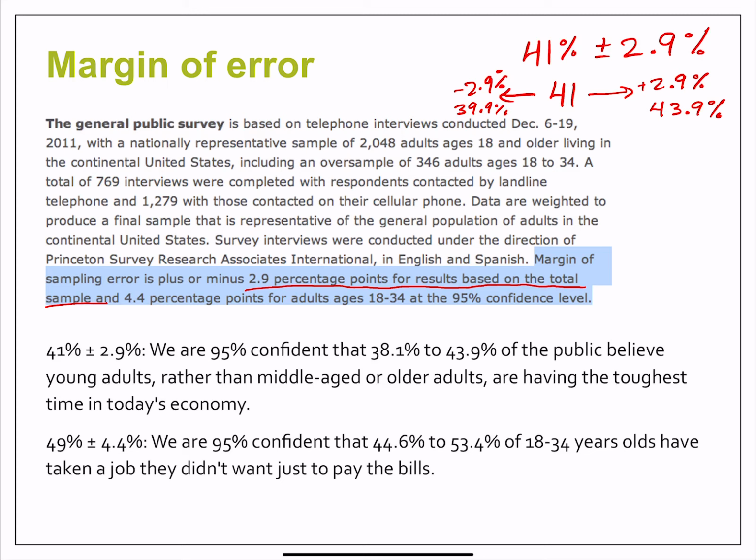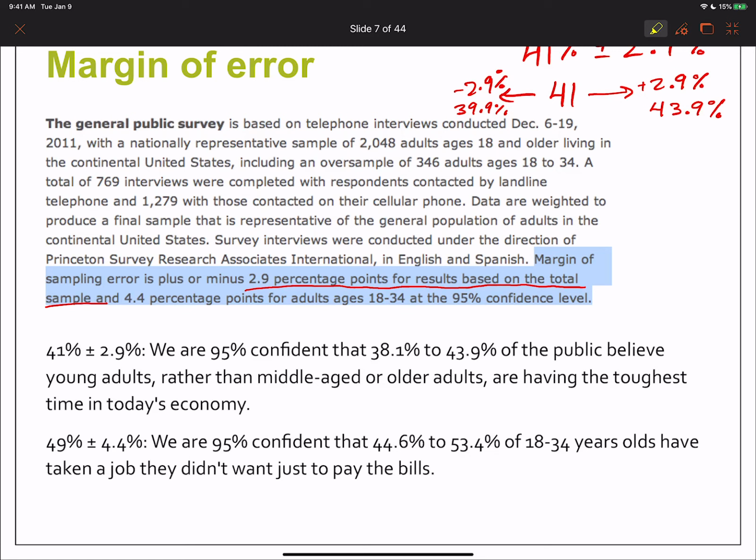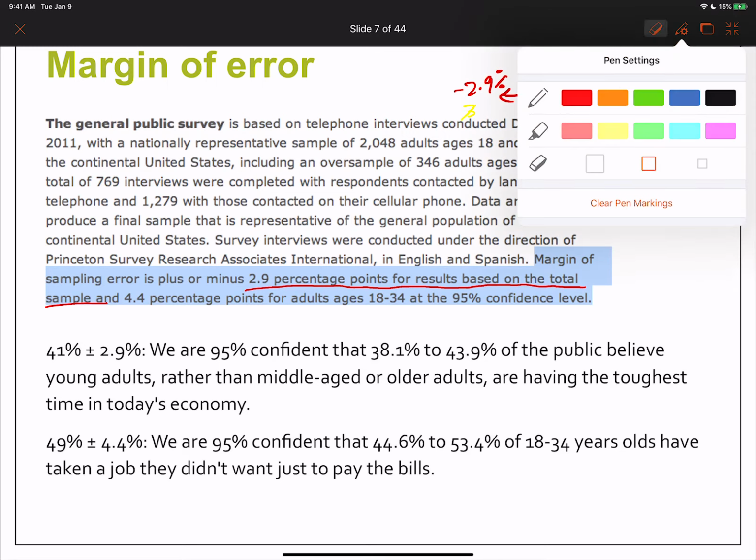So these are our actual numbers, right? Y'all said 39.9? That is not correct. Run that number back. It's 38.1. Yes, it is 38.1.